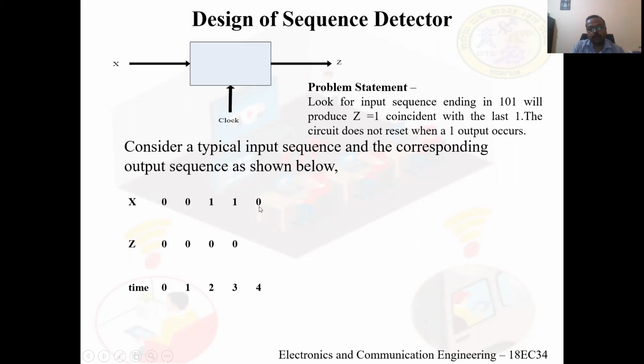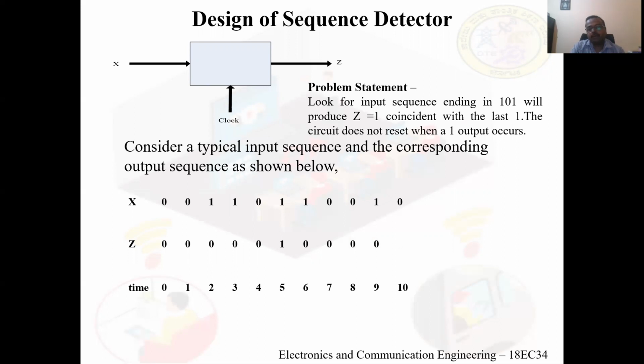Next, we receive 0, 0. Next, we've received 1. Now, as you can see, what we have is 1, 0, 1, so the output will be equal to 1 here. Now 1, 0, 0, 0, 1.